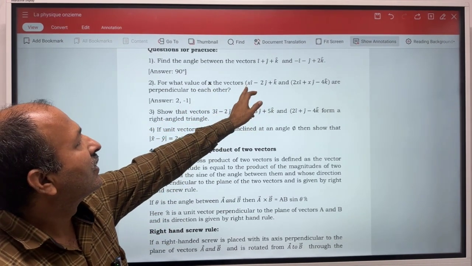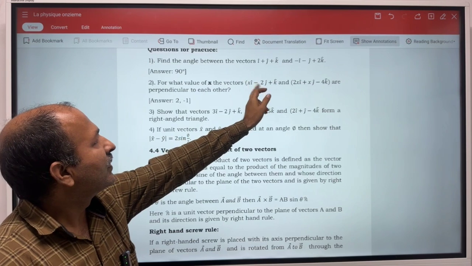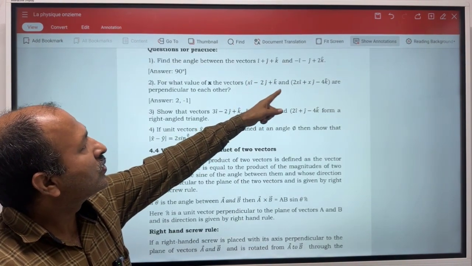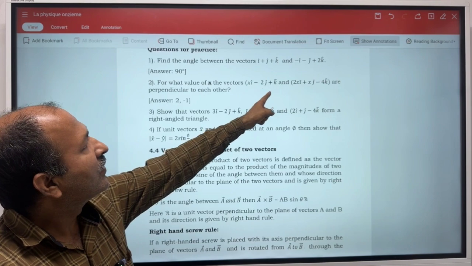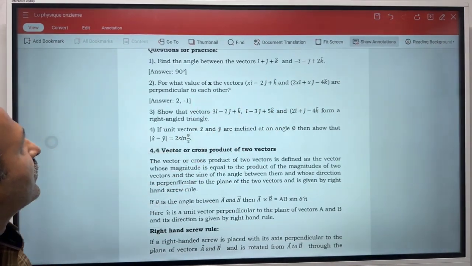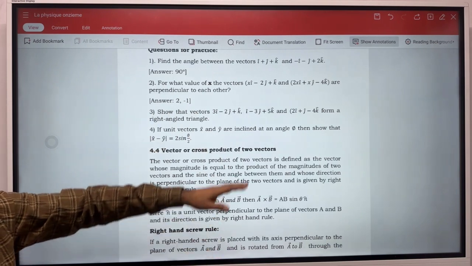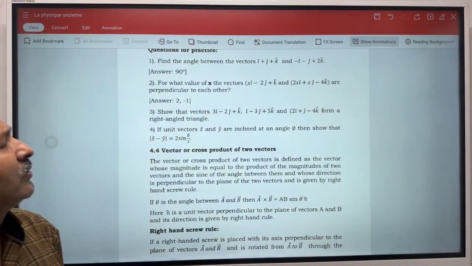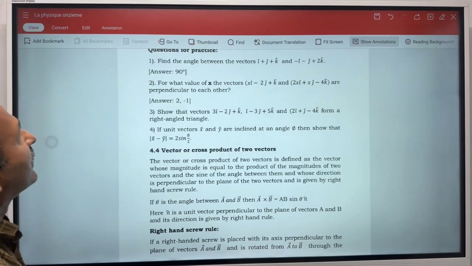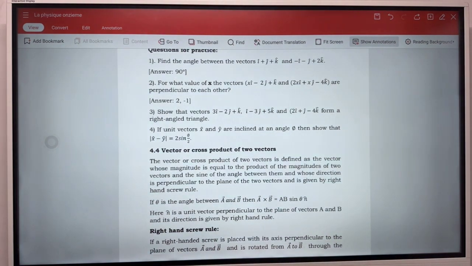The same condition you can apply. This will become x into 2x minus 2x plus 1 into minus 4 equal to 0, and you can solve to get the value. Here you will get a quadratic equation and you know how to get the values of x if a quadratic equation is given.